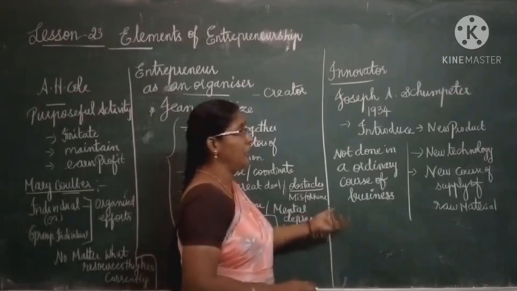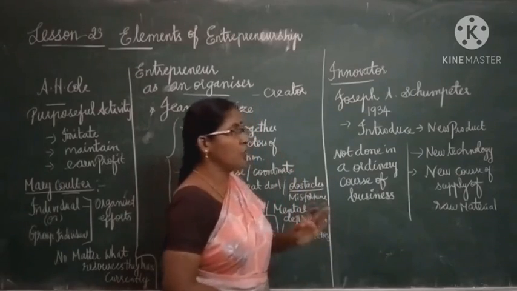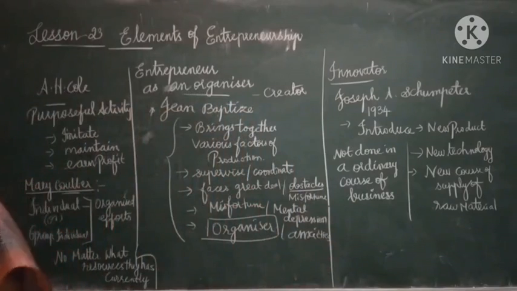They are going to innovate a new product, new technology, new source of supply of raw material. Whatever the business, they are going to introduce a new brand, a new product, institute a new technology to produce a product, and discover new sources of supply of raw material.